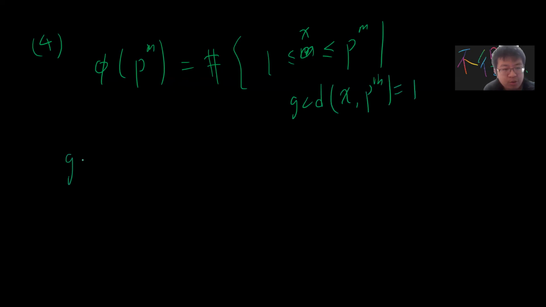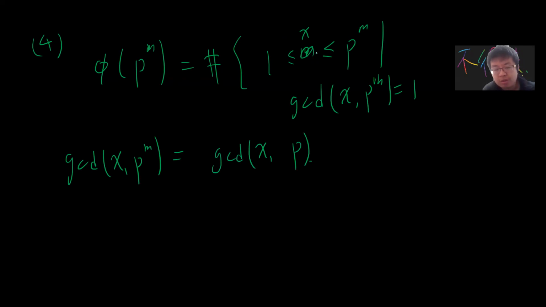But the GCD of x and p to the m is exactly the GCD of x and p. So all I need to worry about is deleting the numbers that are not coprime to p. But p is prime, right?